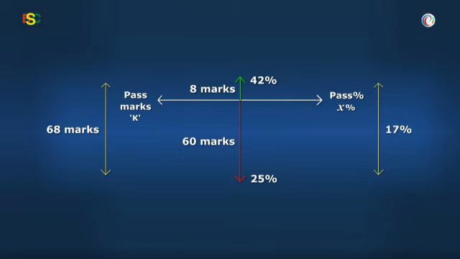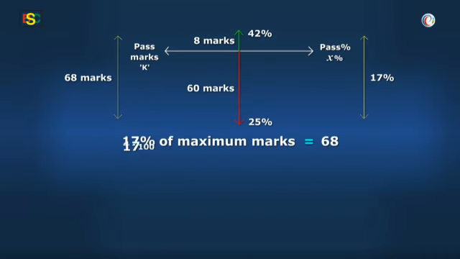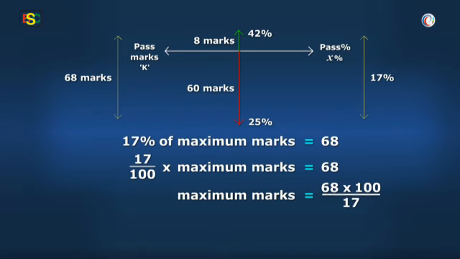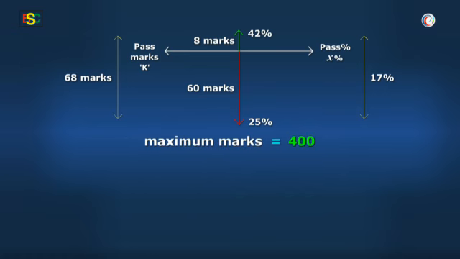So clearly 17% of maximum marks is equal to 68, or simply 17 by 100 into maximum marks equals 68, or maximum marks equals 68 into 100 upon 17, which is equal to 400. So Vidya, we got our first requirement, that is maximum marks.